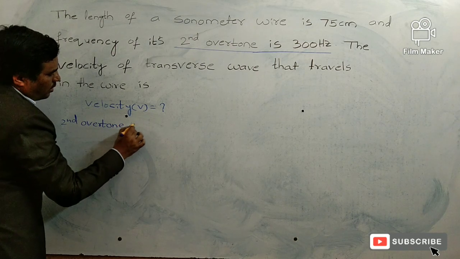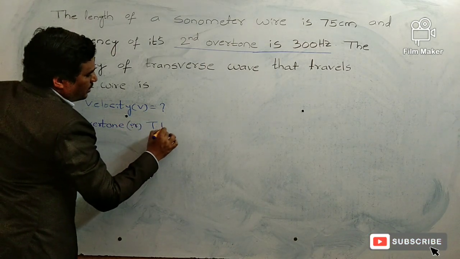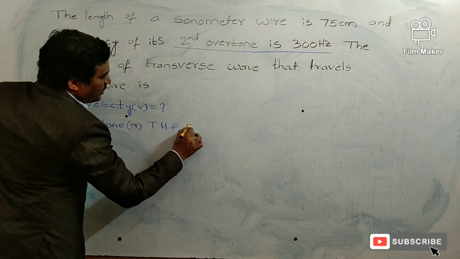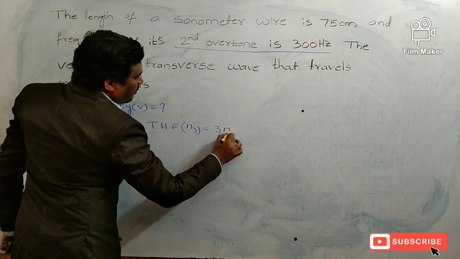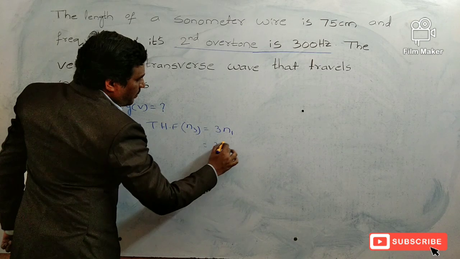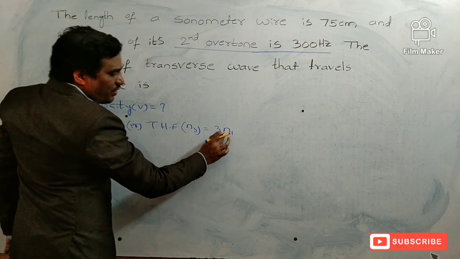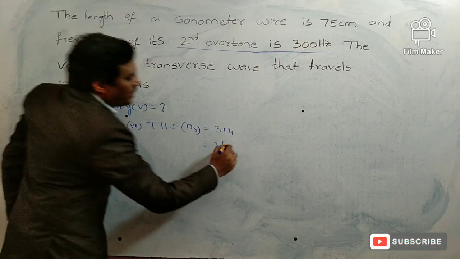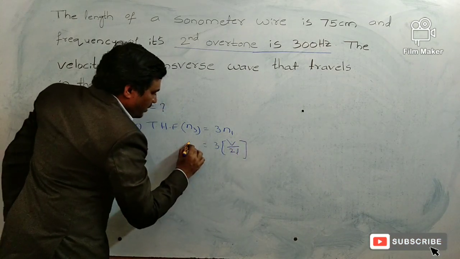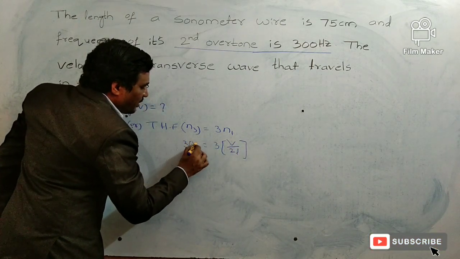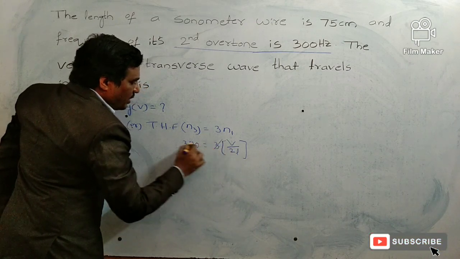The second overtone, or the third harmonic frequency, that is n3, is equal to 3n1. Now, what is the first harmonic? n1 means the first harmonic frequency, that is v by 2L. The n3 value given is 300, so 3 n1 is 300.